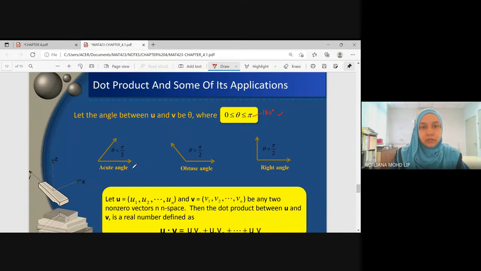Okay, you have to know what an acute angle, obtuse angle and right angle are. For the acute angle, theta is less than 90 degrees.